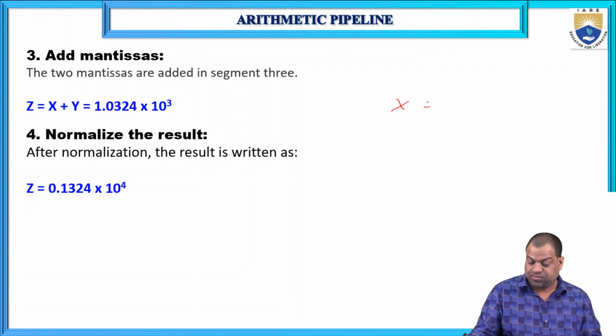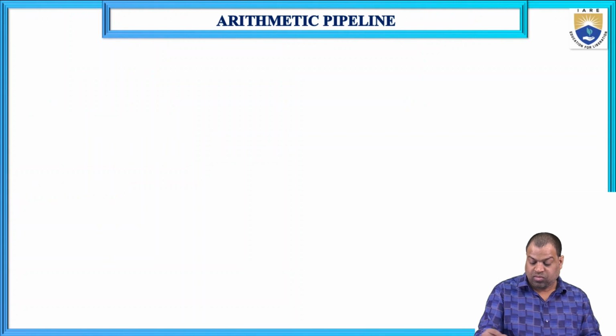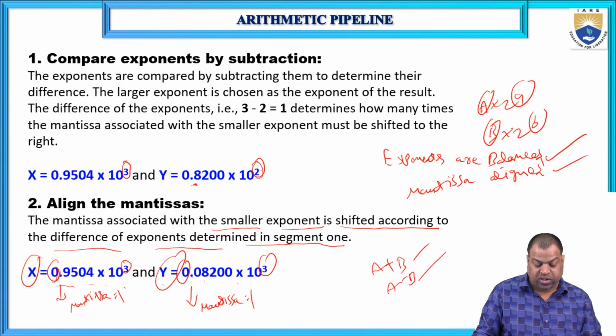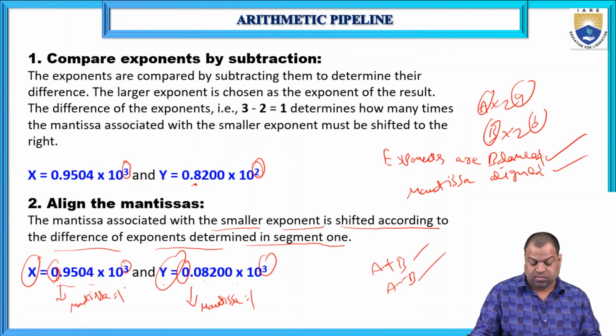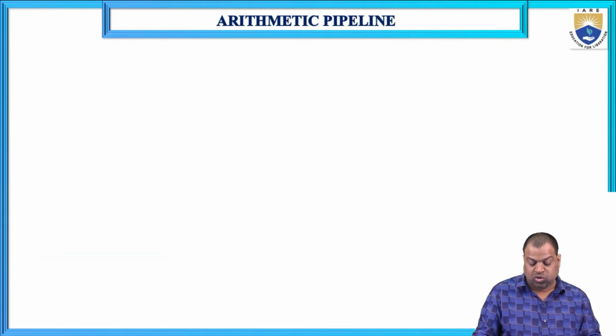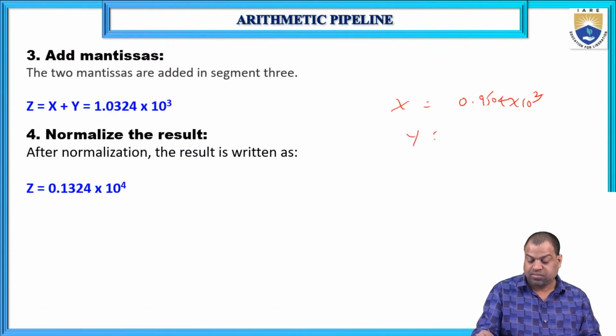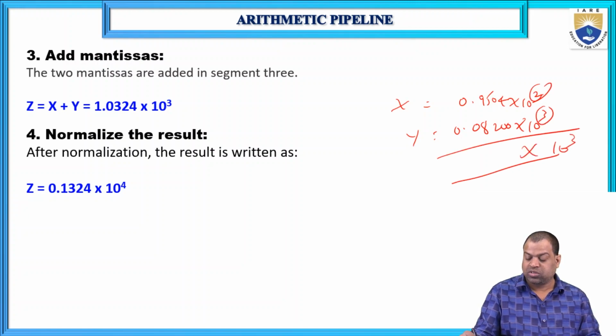X equal to 0.9504 into 10 cube, Y equal to 0.08200 into 10 cube. So exponents are balanced, then no need to examine.